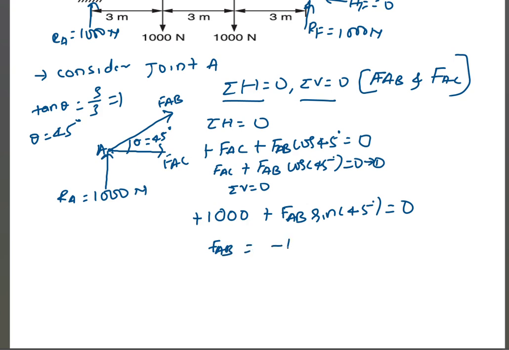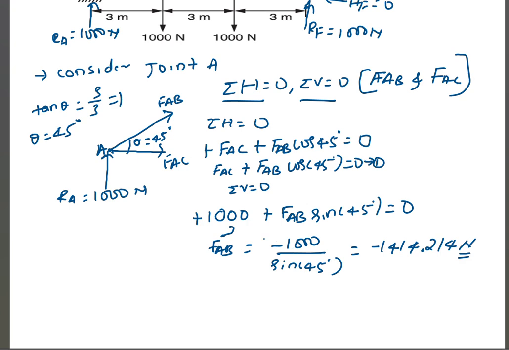So in this case, you can find the value of FAB. FAB is equal to minus 1000 Newton divided by sine 45 degree, which is equal to minus 1414.214 Newton.